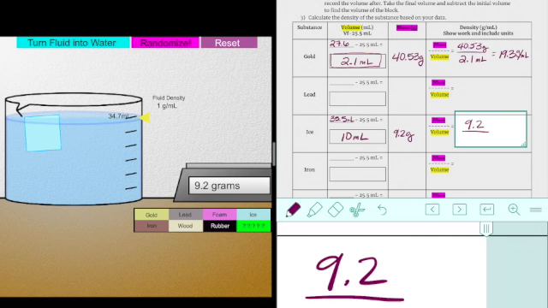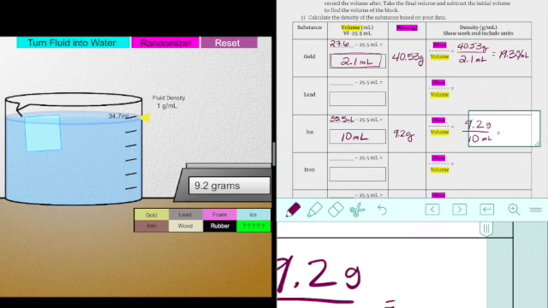Now we're going to find the density: 9.2 grams divided by 10 milliliters gives us 0.92 grams per milliliter.